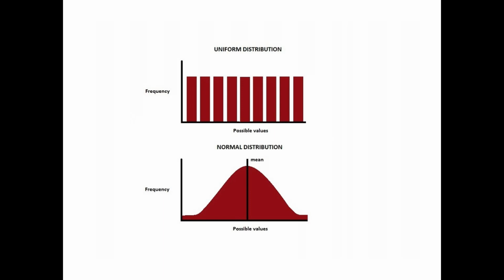In order to understand uniform distribution, normal distribution, probability distributions, you need to understand how these graphs or charts are constructed. So let's talk of the uniform distribution, and it would also serve as a small refresher. Let's take the case of a coin flip. When we flip a coin, there are only two possible outcomes, a head and a tail.